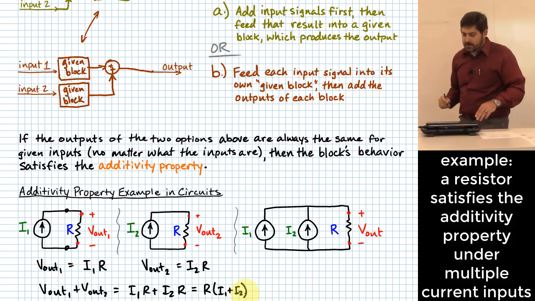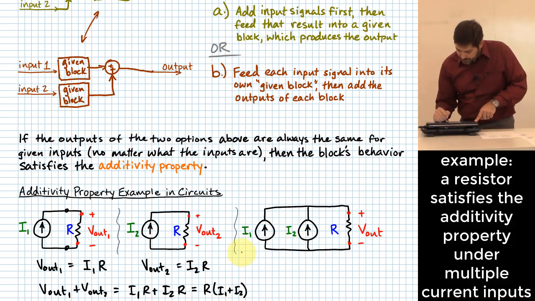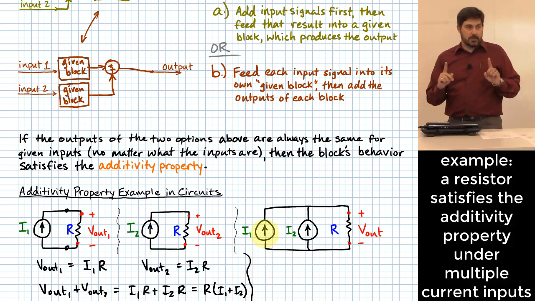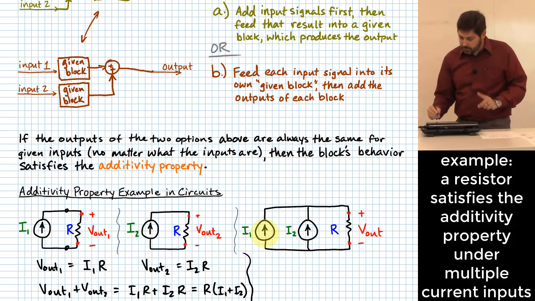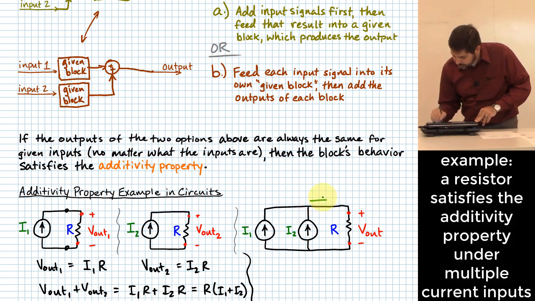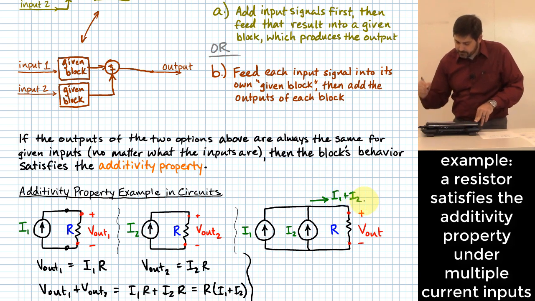Now, let's say I go over to my other case, where I've got my I1 and I2 values that I am putting together in parallel, based on an ideal source combination. How much current flows here? I1 plus I2.